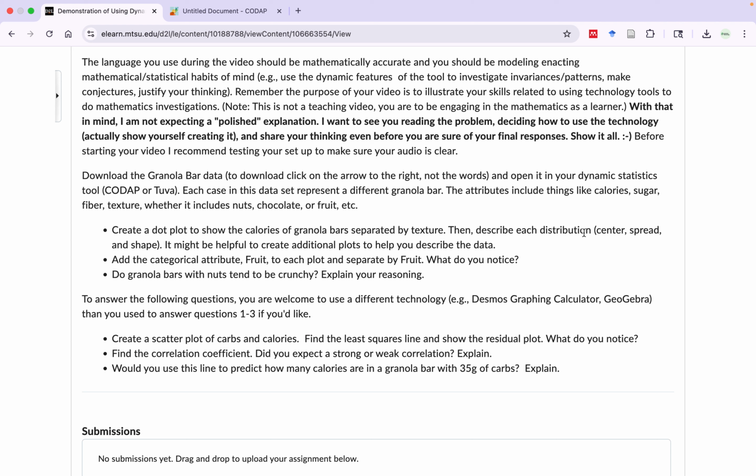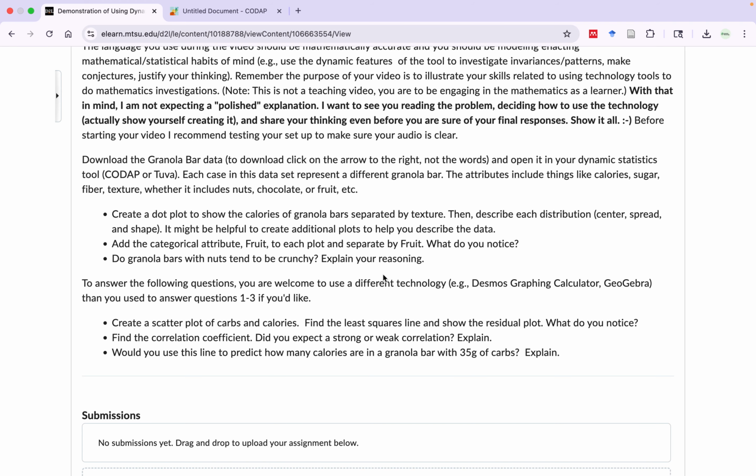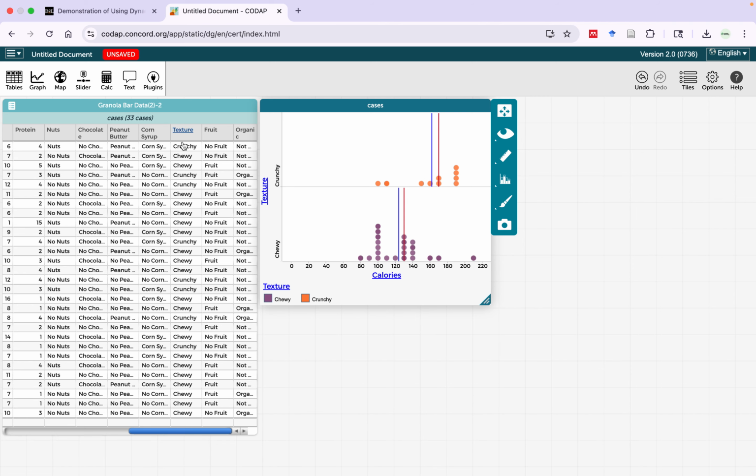Describe each distribution: center, spread, and shape. Might be useful to create additional plots. Add that categorical attribute fruit to each plot and separate by fruit. What do you notice?